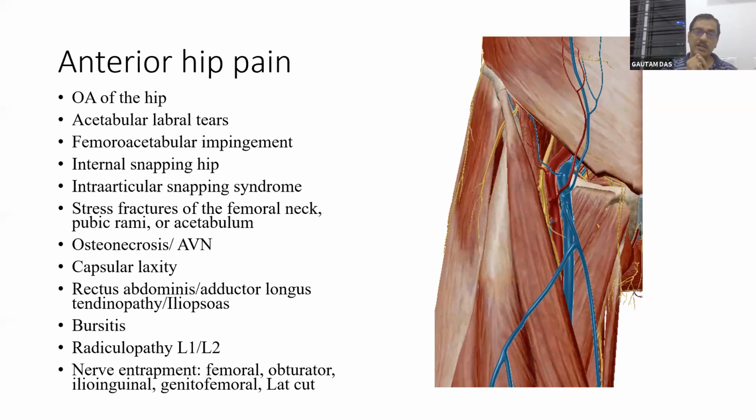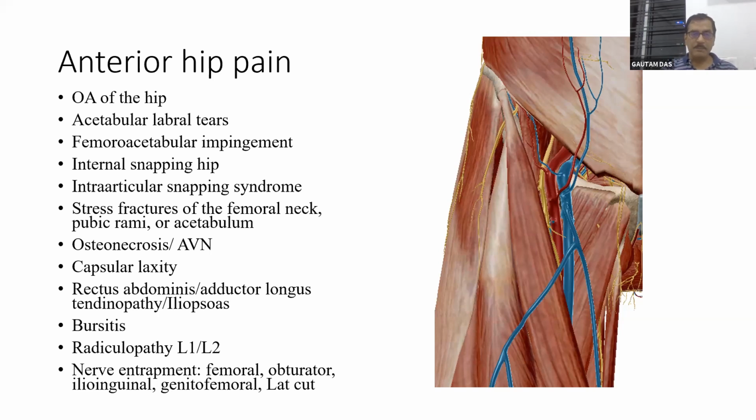The external snapping hip is basically the tensor fascia lata and the iliotibial band. With flexion and extension, they slip over the greater trochanter, and if there is any tendinopathy, or osteophytes or other things, when it slips over the greater trochanter there will be snapping sounds and pain.